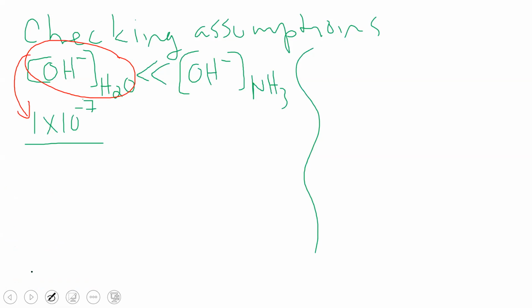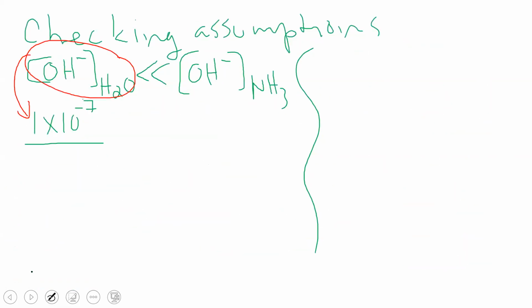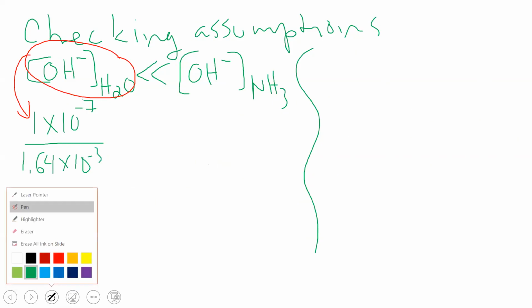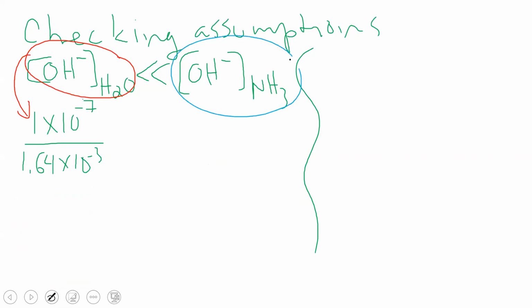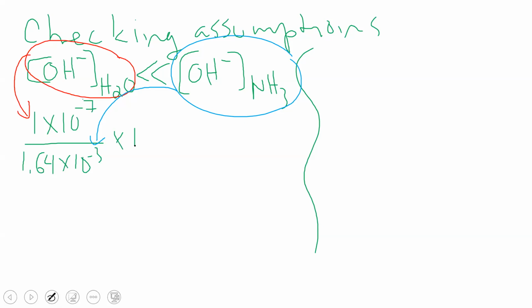That is divided by our value, which was 1.64 times 10 to the minus 3 molar from our calculation. That value comes from the concentration that we calculated for the hydroxide ion concentration. You take that, multiply it by 100%, right?